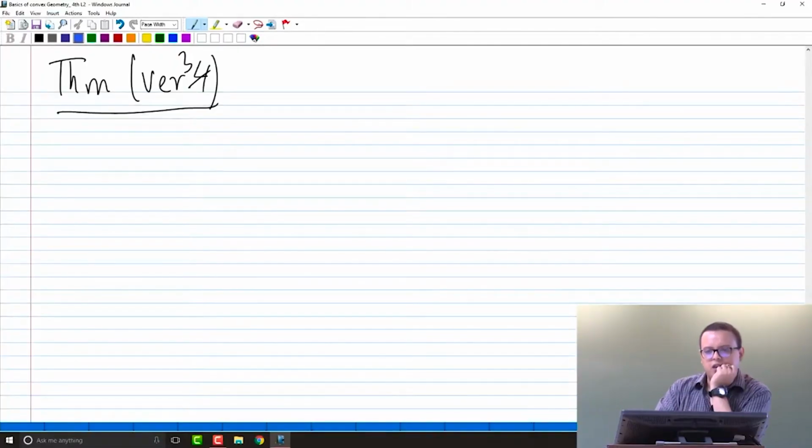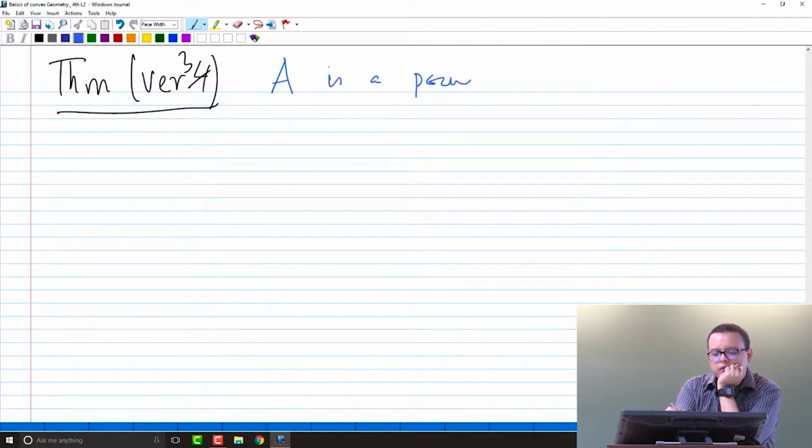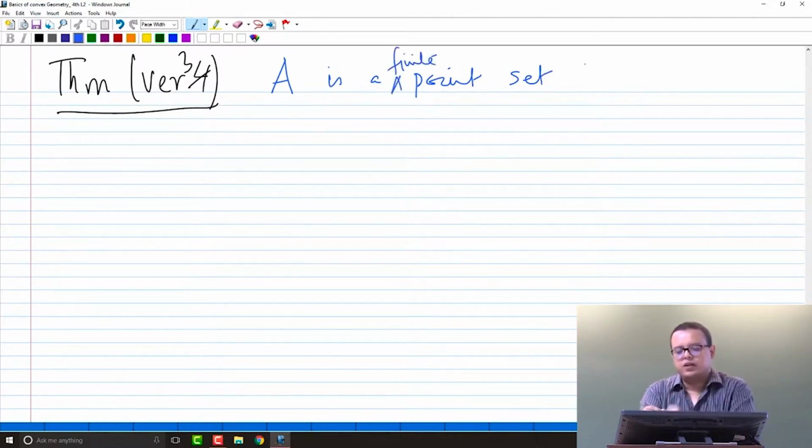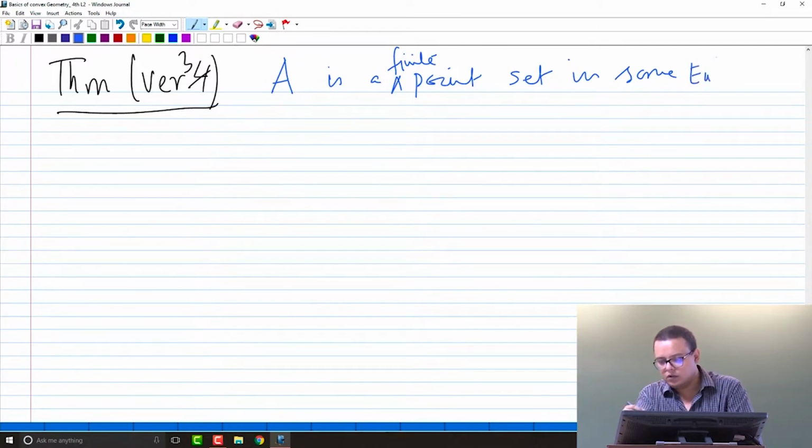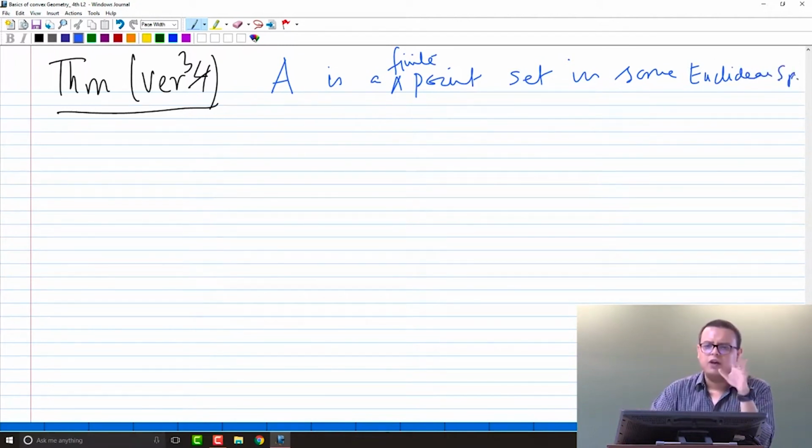Let us look at another version. I say A is a finite point set in some Euclidean space. By Euclidean space I mean some R^d, and that d value I do not know.